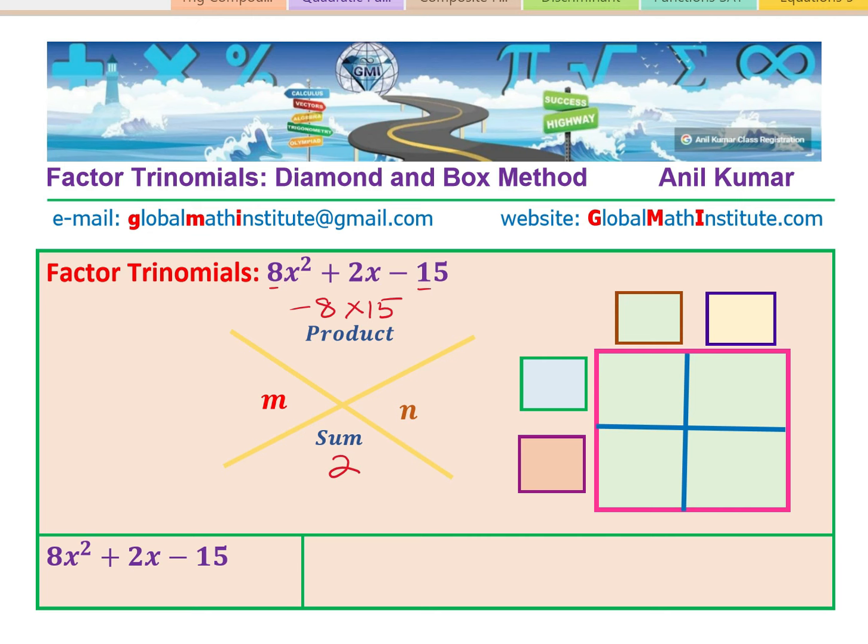How do we get these two numbers? I'd like you to now pause the video, get the answer, right? What will I do? Well, I'll split 8, and I know this is negative, just put negative to remind, and 15. So 8 can be split into 2 times 2 times 2, and 15 can be split into 3 times 5.